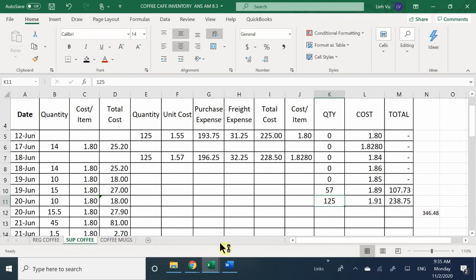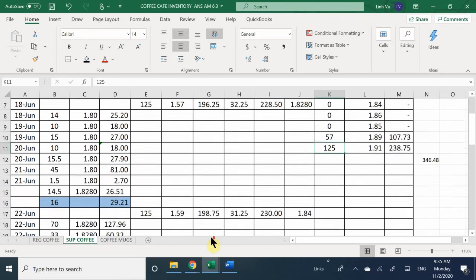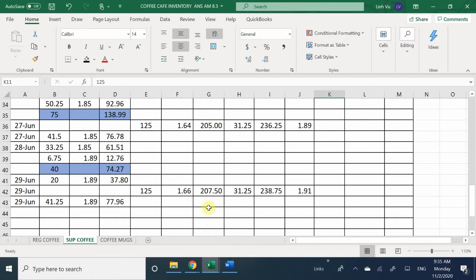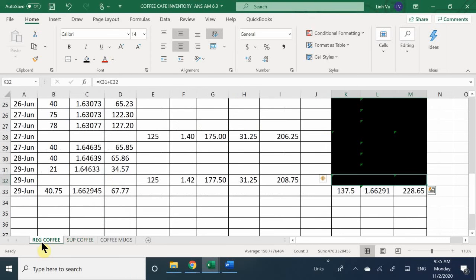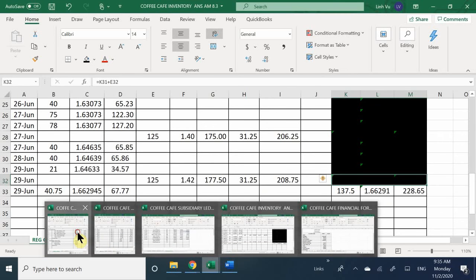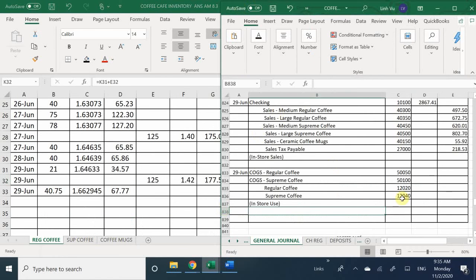Okay, so we sold a total of 77.96 of Supreme and 67.77 of regular. Okay. So then we'll go to COGS, regular 67.77, debit.